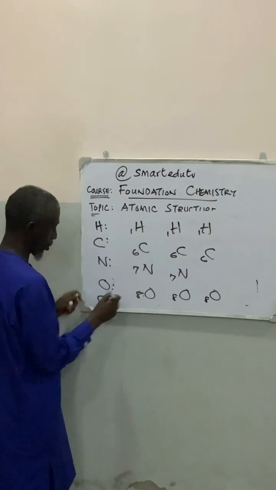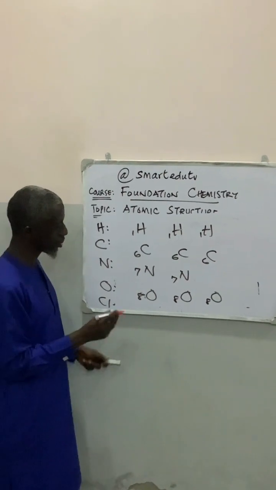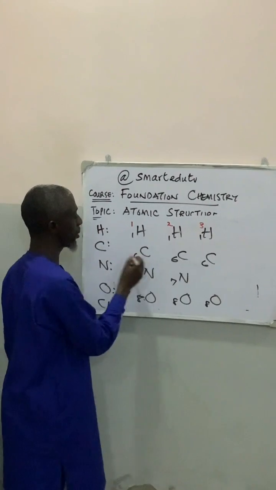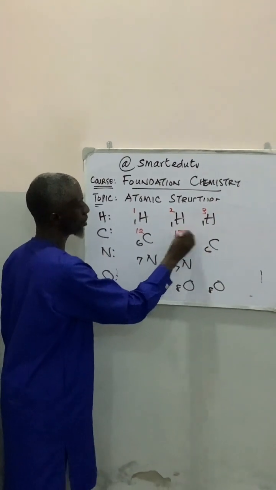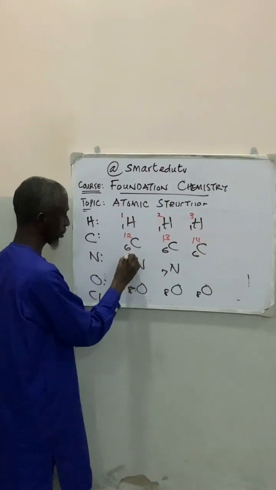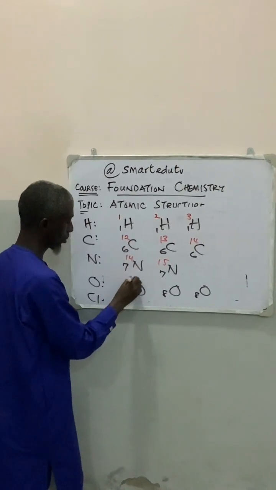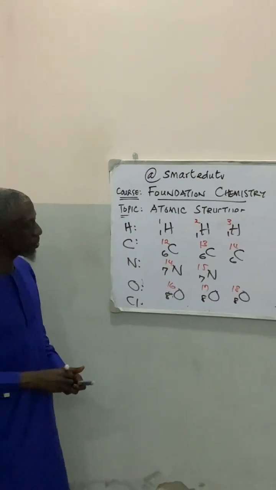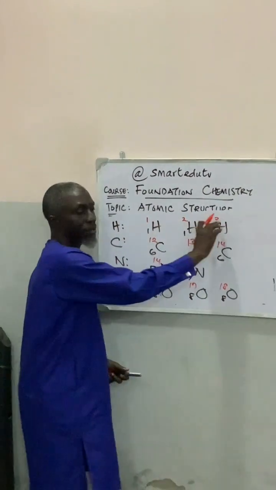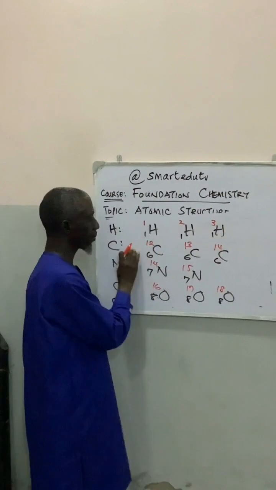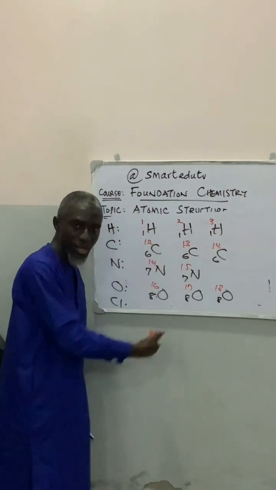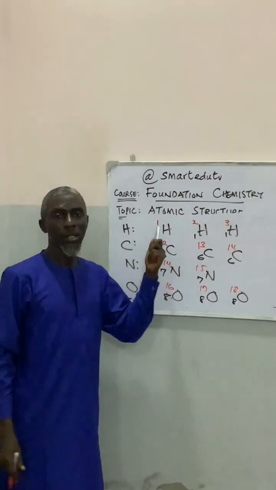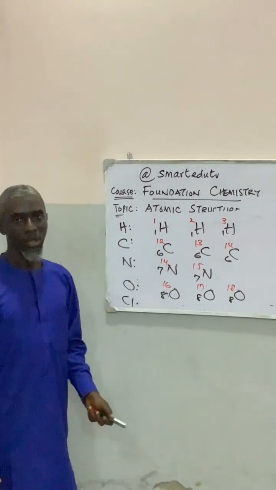Well, we are used to the chlorine, but let's just look at these ones. So the mass numbers here are these. So we can see that atoms of the same element have different mass numbers. Likewise the other ones. So each of them is a set of isotopes.